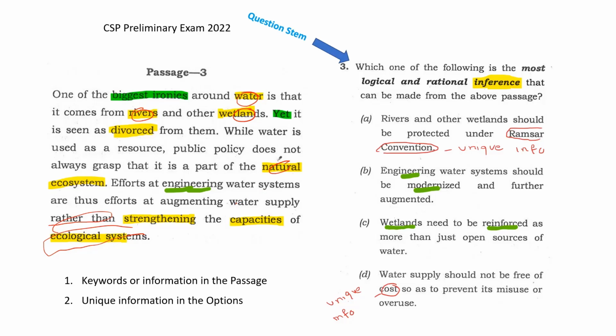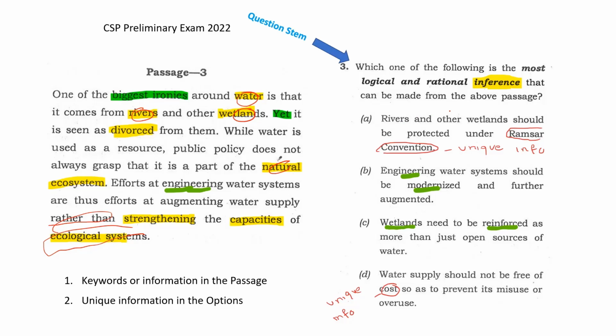That means they are trying to increase the supply. But actually, what should we do? We should focus on the ecological systems. The ecological system means more focus should be given to rivers and wetlands. That is the inference.